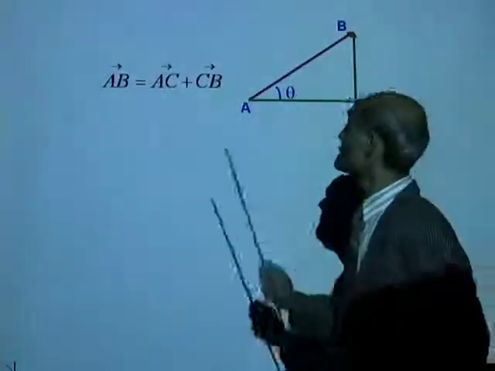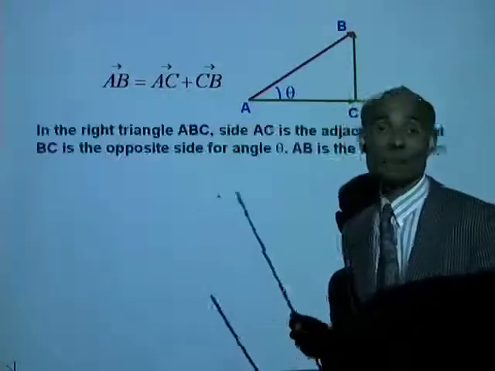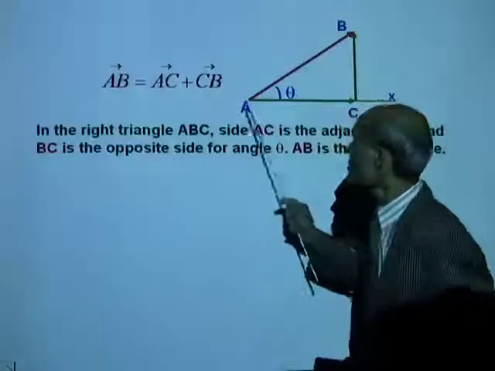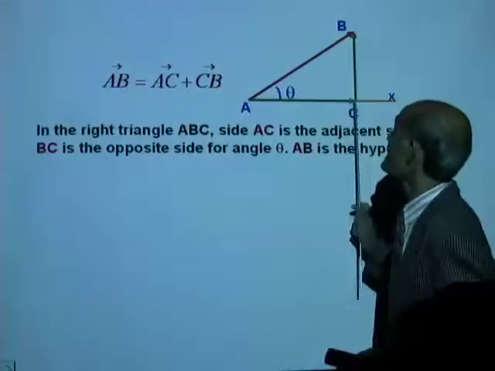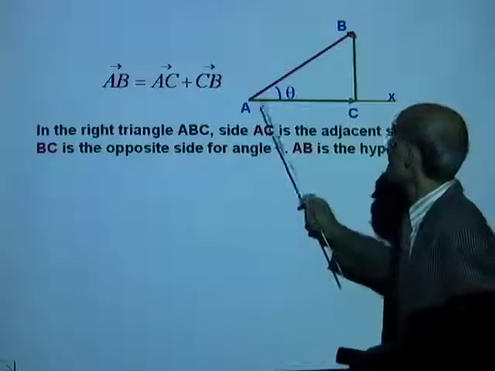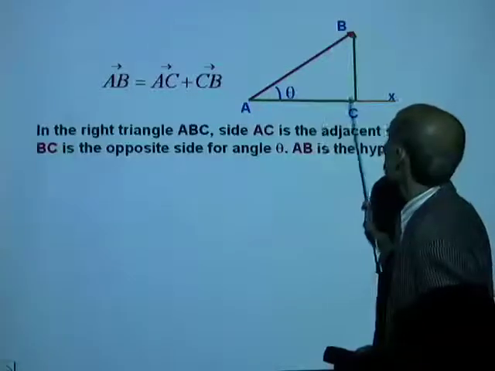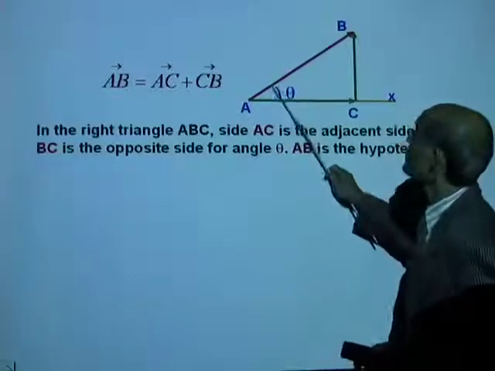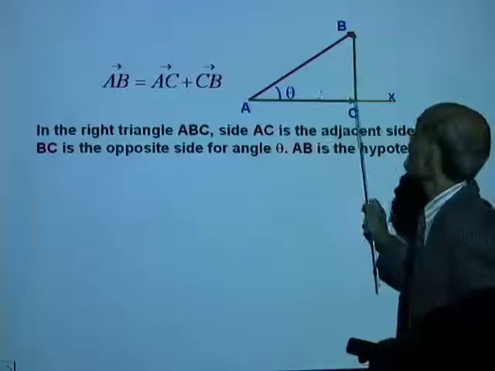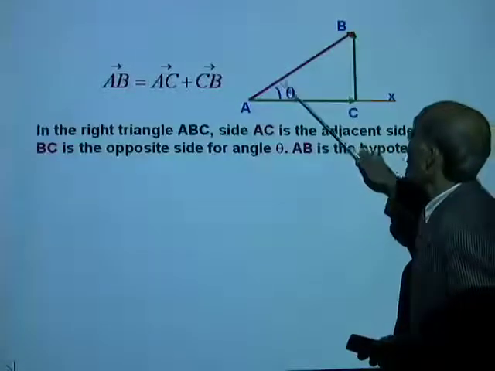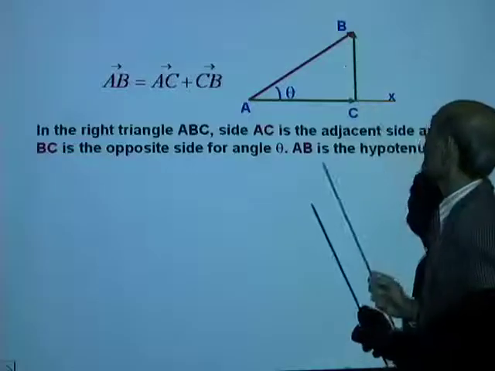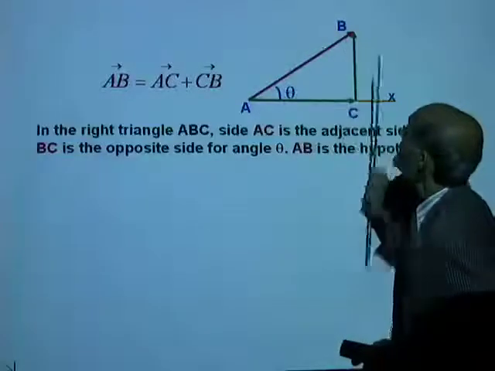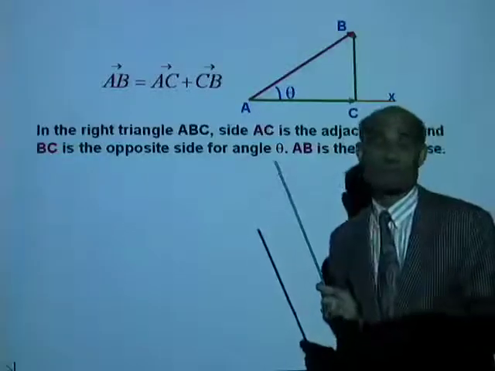All right, let's look at that one more time. In the right triangle ABC, AC is the adjacent side of the angle theta, is that right? And CB is the opposite side of angle theta. And AB is the hypotenuse.